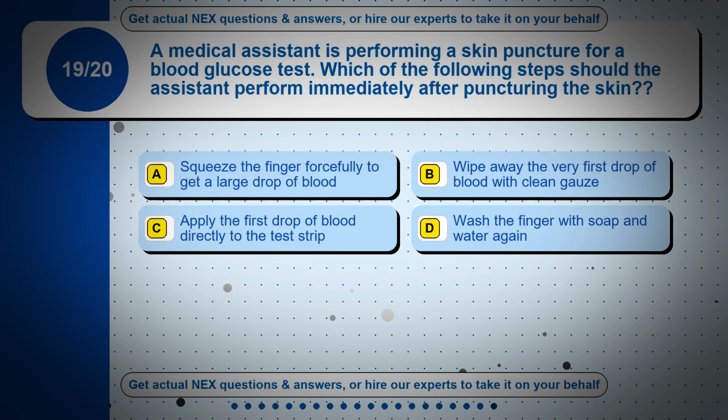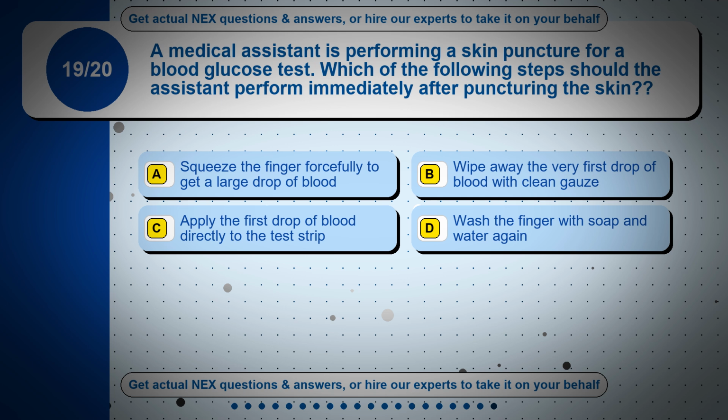Question 19. A medical assistant is performing a skin puncture for a blood glucose test. Which of the following steps should the assistant perform immediately after puncturing the skin? Option A, squeeze the finger forcefully to get a large drop of blood. Option B, wipe away the very first drop of blood with clean gauze. Option C, apply the first drop of blood directly to the test strip.